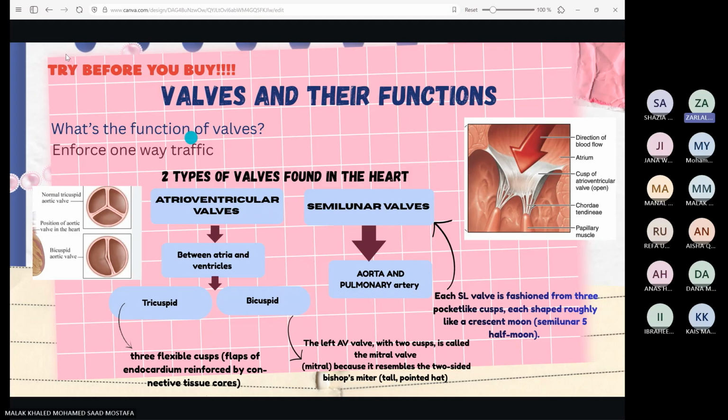There are two types of valves found in the heart, the AV valves and the semilunar valves. The AV valves are between the atria and the ventricles, and there are two types, tricuspid and bicuspid. As the name suggests, tricuspid has three cusps and bicuspid has two cusps. On the semilunar side, we have the aortic valve and the pulmonary valve. So yeah, that's it.